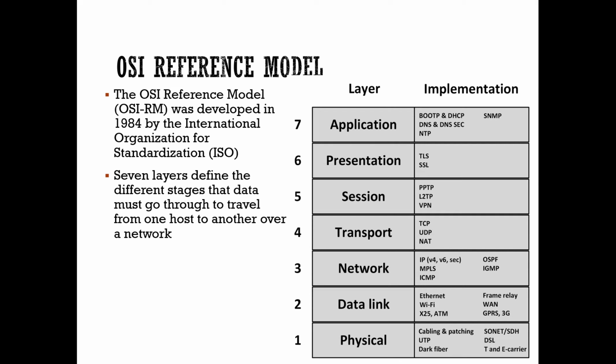Session and presentation are responsible for starting the session between the source and the destination, and offering security, if there is security between them or not. We will cover, inshallah, the session layer and the presentation layer, because they are important in developing any network. The application layer is the top layer, which has the application itself.